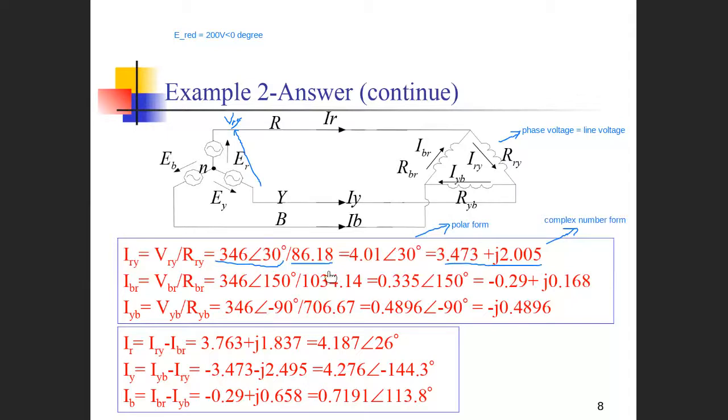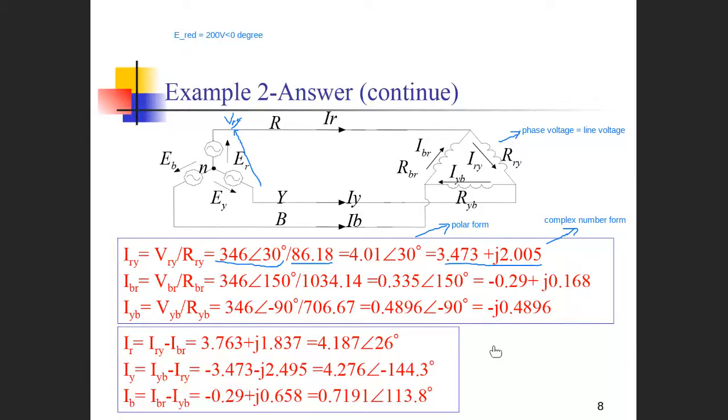We can calculate the phase current of the red-yellow phase, paying attention to the phase angle of the voltage. The impedance angle is 0 here; in practice, you may have impedance angles also. So we get the phase currents in polar form and rectangular form. Similarly, we calculate the phase current between blue and red, in polar and rectangular forms, and the yellow-blue phase current, also in both forms.